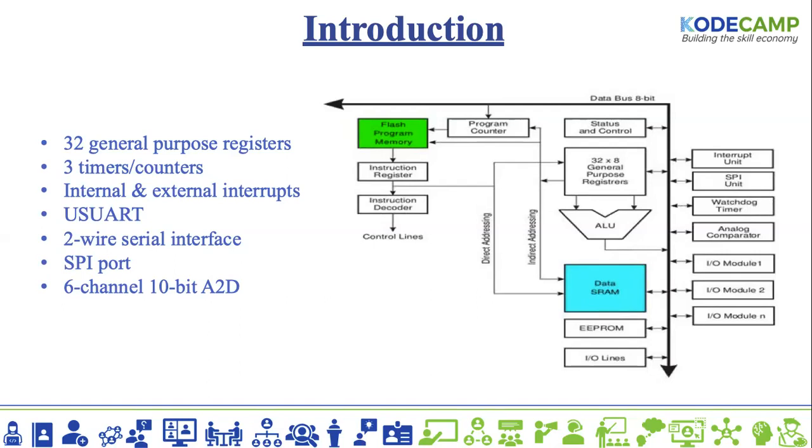It has the SPI, and then a 6-channel 10-bit analog to digital converter. So you're not limited in anything you want to do; you can do anything you want with Arduino without any issues.